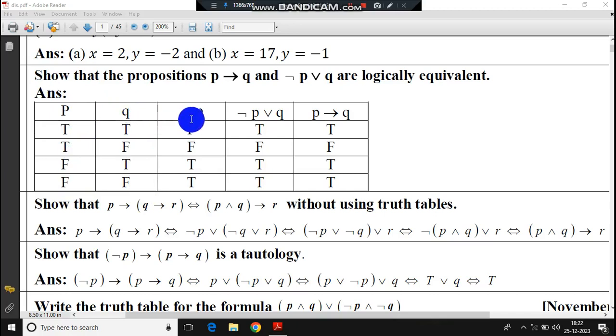Now we are finding the negation of P, because we need the negation of P here.